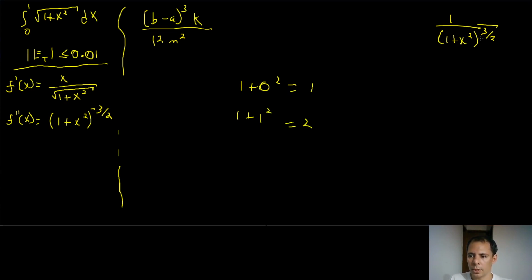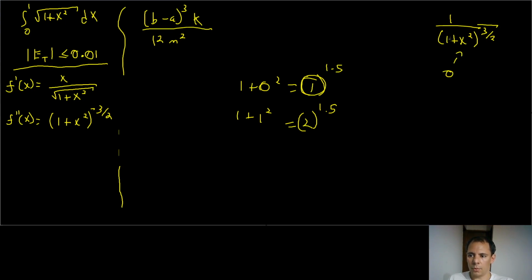All right? To the 3 halves, so it's like elevating this to 1.5 and elevating this to 1.5. All right? You want this one. This is going to be the smallest one. Since this is the smallest value for the denominator, you're going to have 1 divided by 1 in here because I'm going to plug the 0 in here.